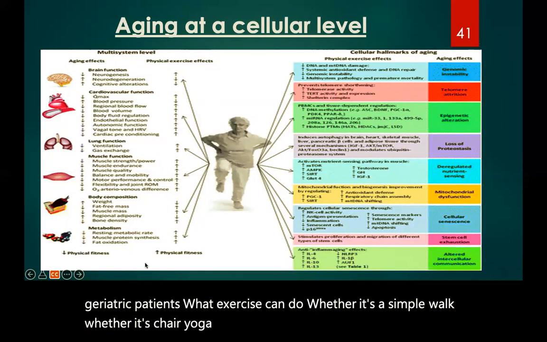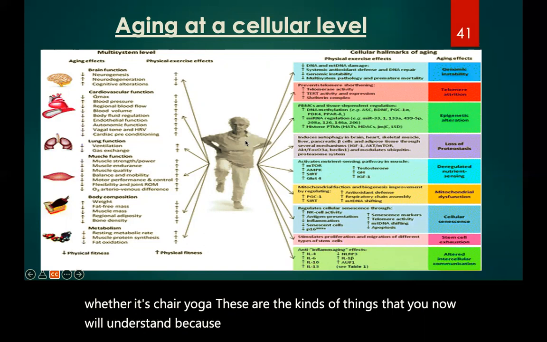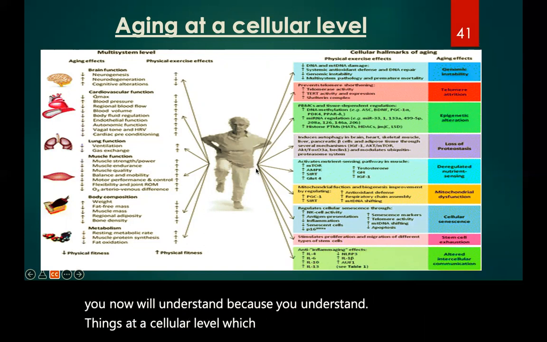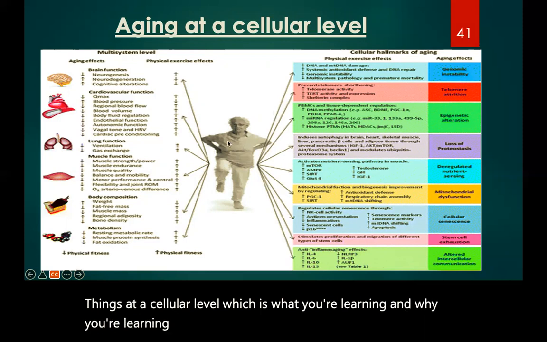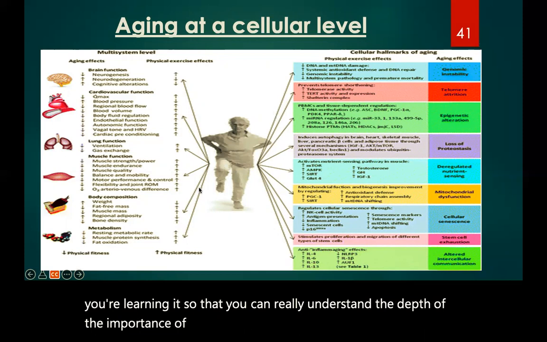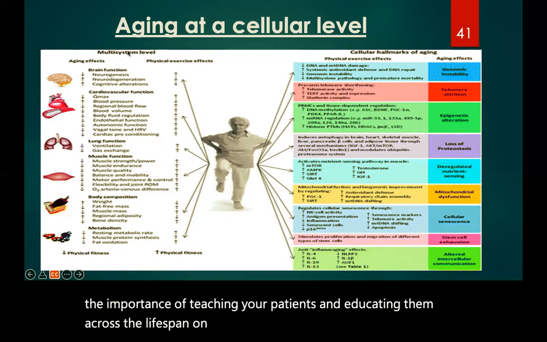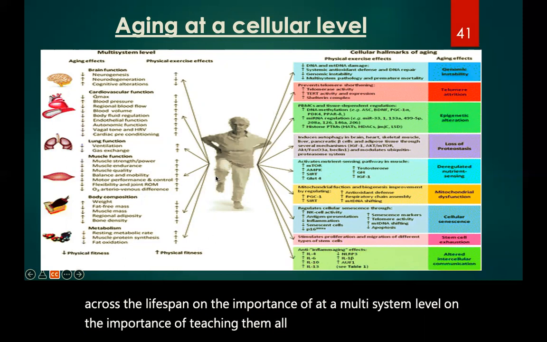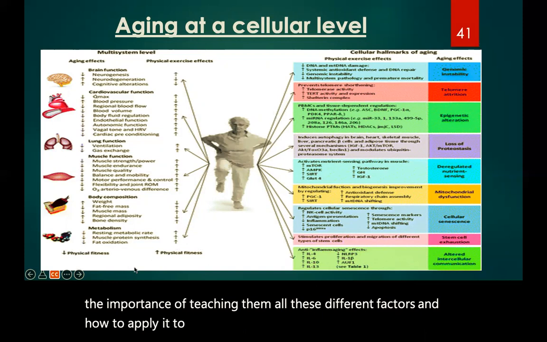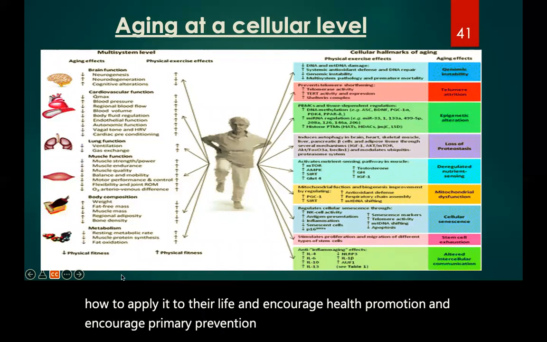You will understand these things because you understand them at a cellular level, which is what you're learning and why you're learning it, so that you can understand the depth of the importance of educating your patients across the lifespan, at a multi-system level, on all these different factors and how to apply them to their lives, and encourage health promotion and primary prevention in your plan of care.